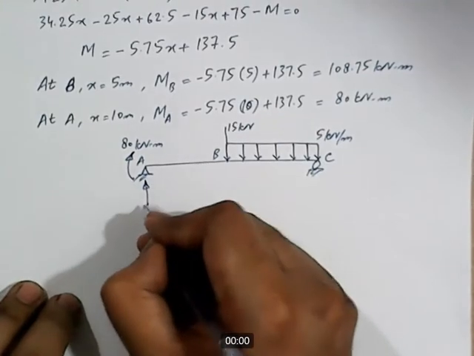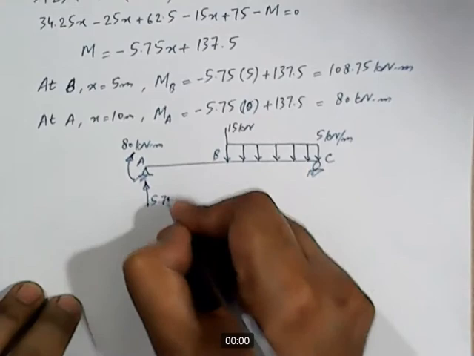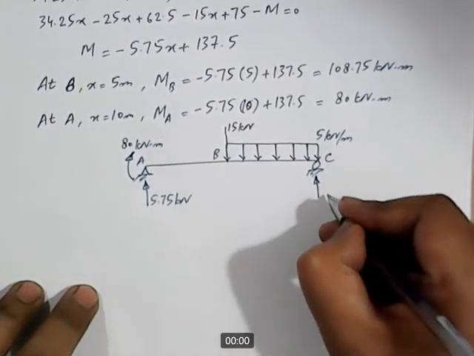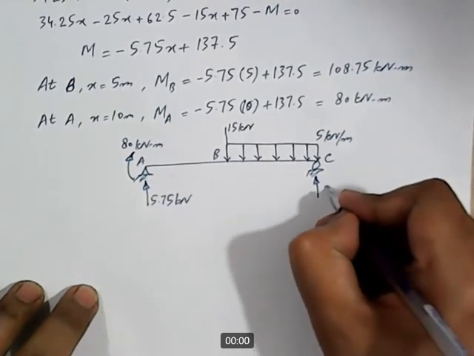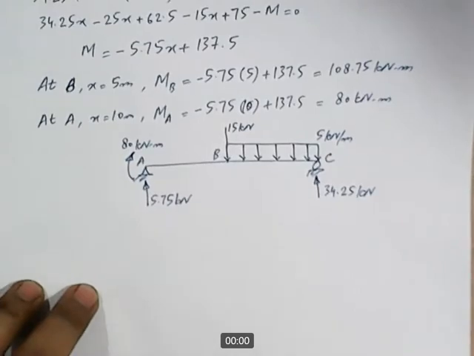The reaction here is 5.75 kilonewton. The reaction here is 34.25 kilonewton.